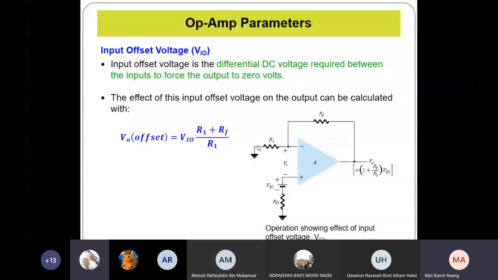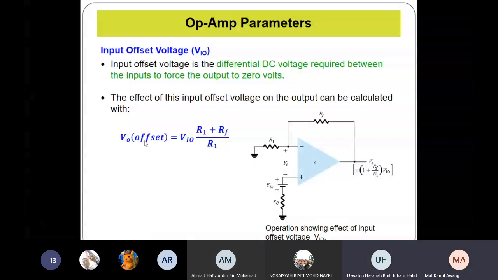With this configuration, R1, RF, you know. And if you want to make this V offset equal to 0, then what is the V input offset? You can calculate from this. What is the voltage that you need to have here in order to make the offset voltage equal to 0? Use the formula.